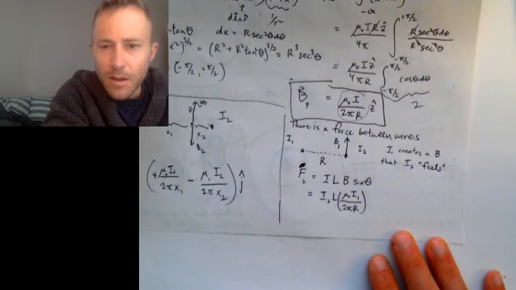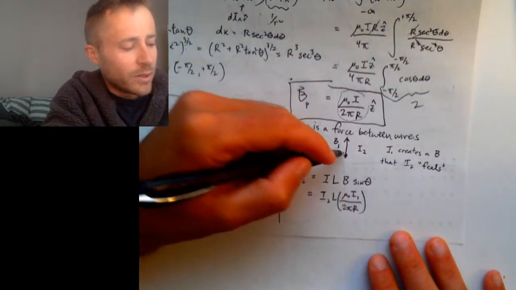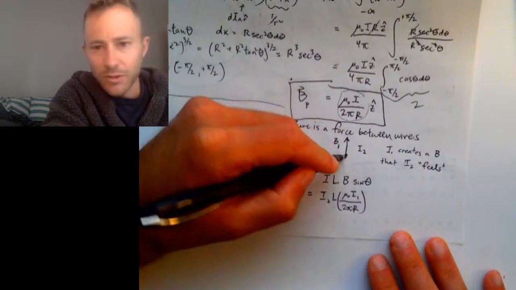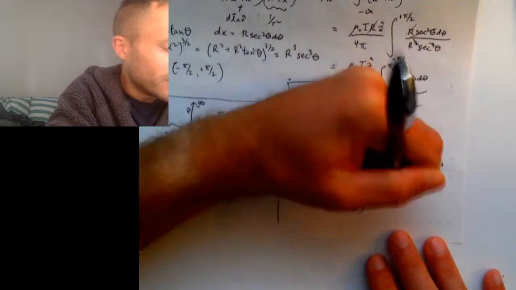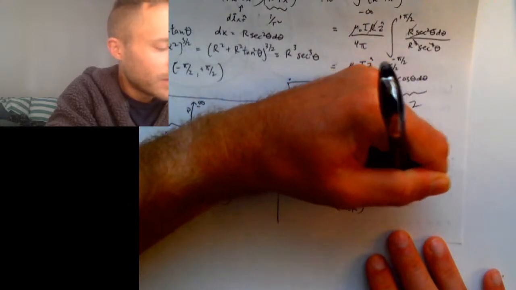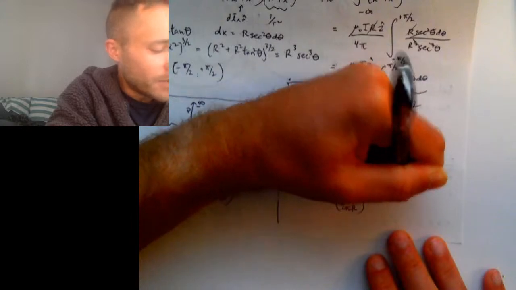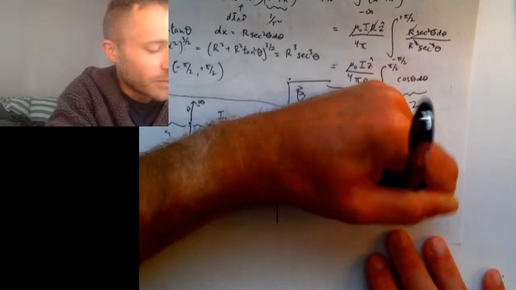Okay? And then sine of theta. Well, theta is the angle between the magnetic field and the direction of the current flow, which is 90 degrees. So what we get is that the force between parallel wires is mu naught I1 I2 L over 2 pi r.